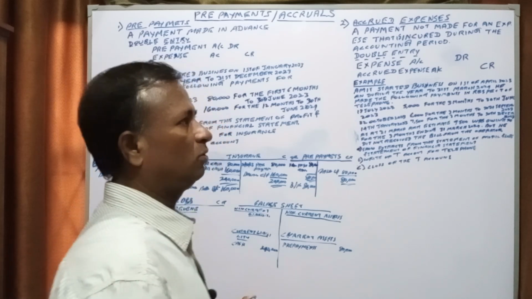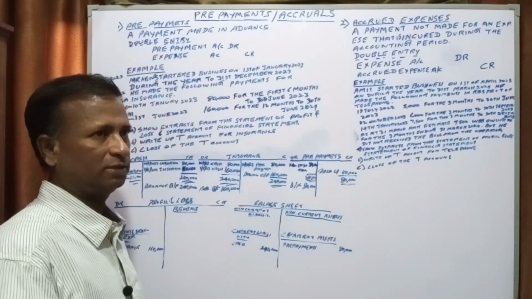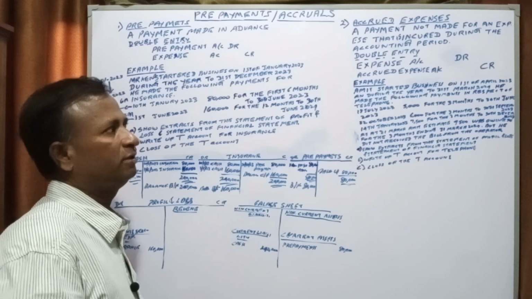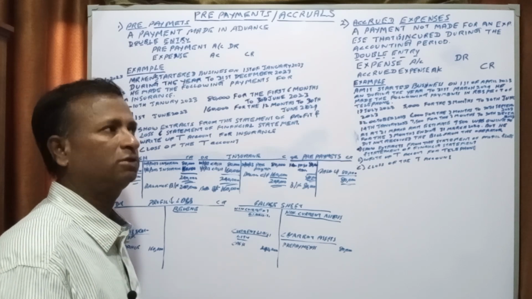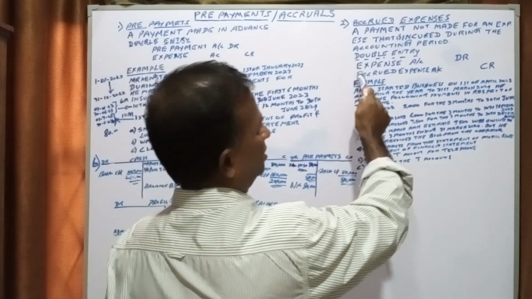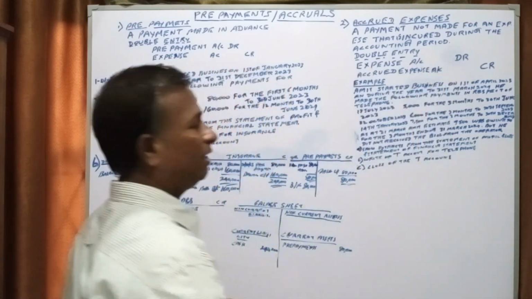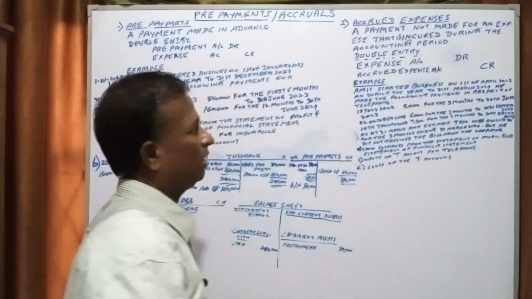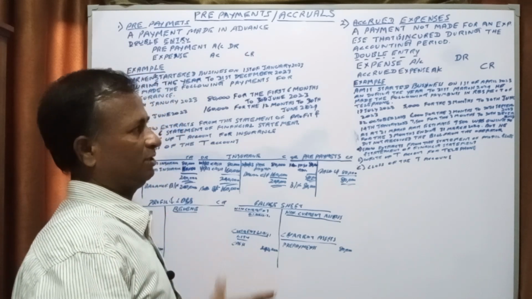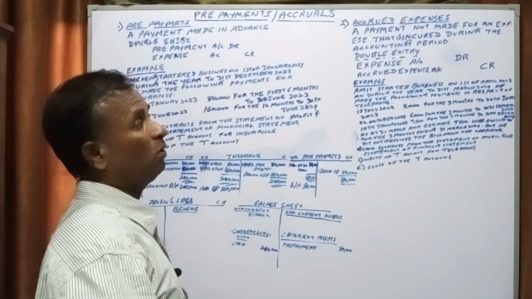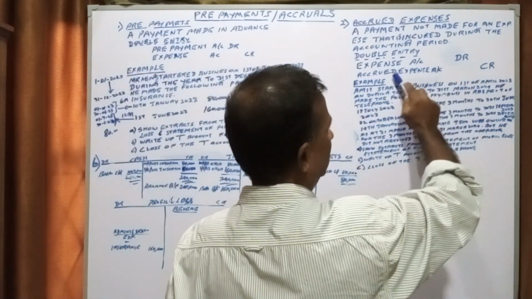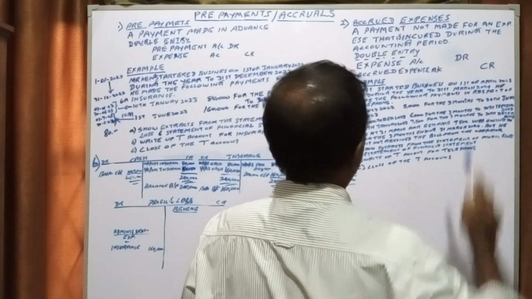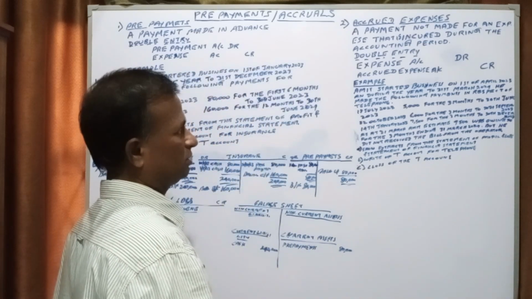Normally expenses are debited. Here, for accrued expenses, we have to pay the expenses, so in the double entry we debit the expenses account and credit the accrued expenses account, which is a liability for us. Liability is increasing, therefore it is credited. This is the double entry for accrued expenses.